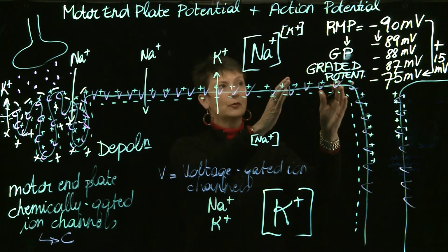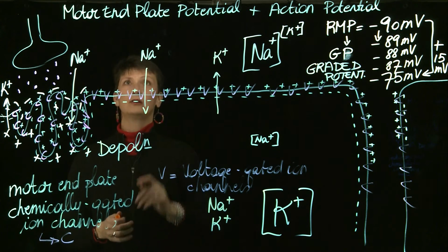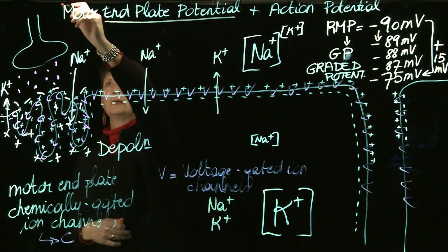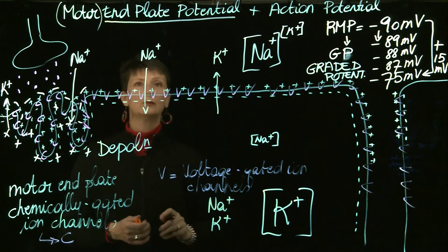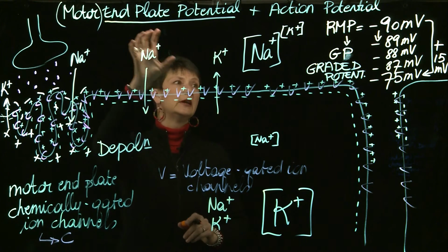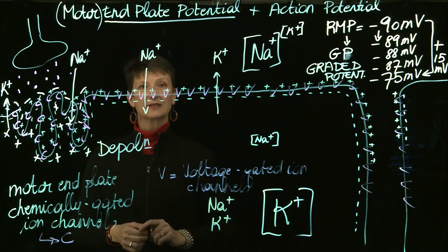So our graded potential at our motor end plate is going to be called an end plate potential or a motor end plate potential, but very often we leave the term motor off. So an end plate potential is a graded potential at the motor end plate of a skeletal muscle cell.